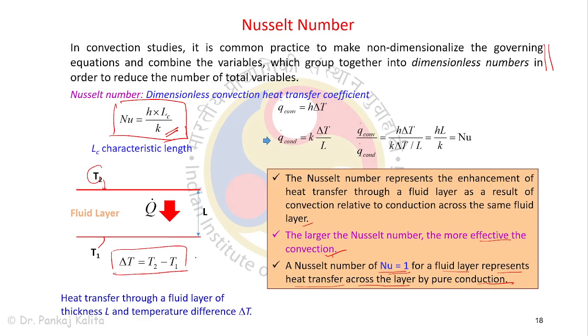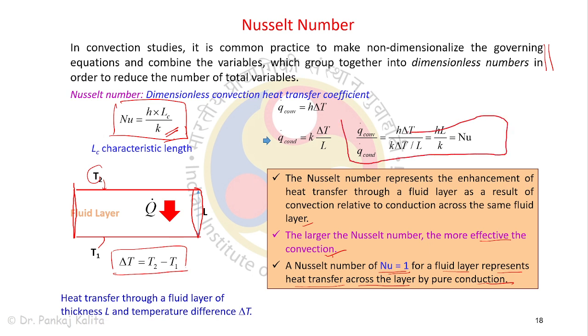Now Nusselt number significance is basically it tells about, within a given fluid layer, which heat transfer mode is dominant, whether conduction or convection is dominant. It's basically the ratio of heat transfer due to convection to heat transfer due to conduction. So basically this is your Nusselt number.